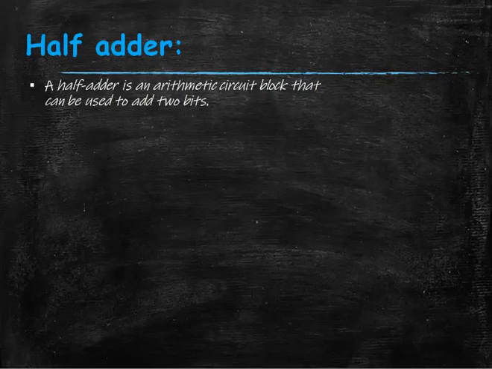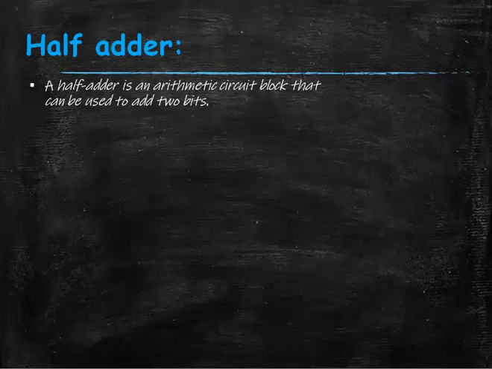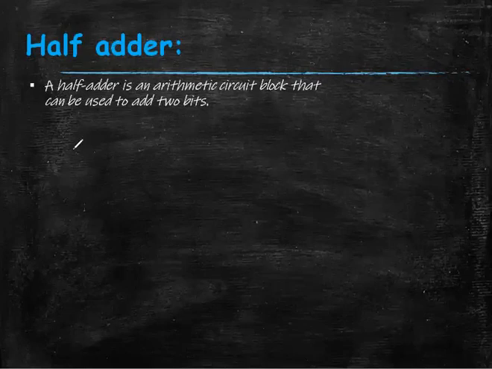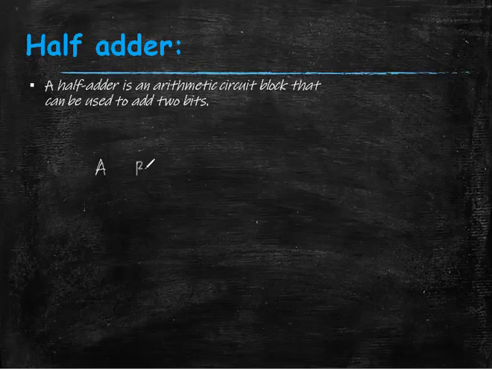A half adder is an arithmetic circuit that can be used to add two bits. Let A and B be 2 bits. We know that A can have values 0 and 1.